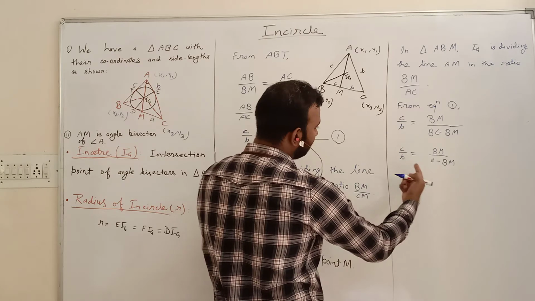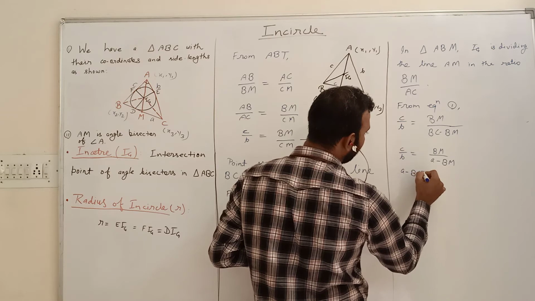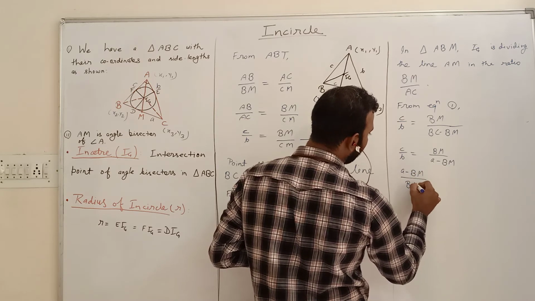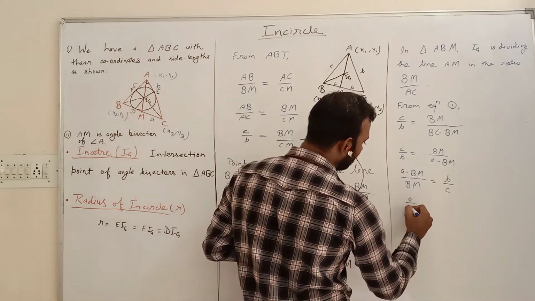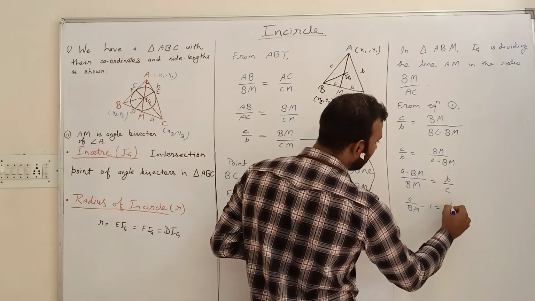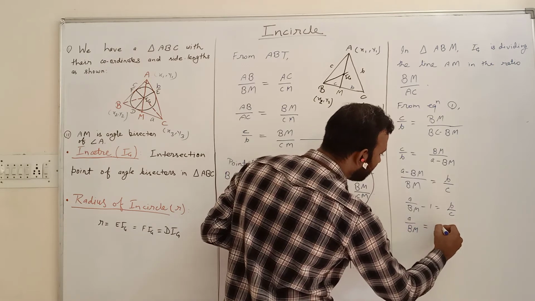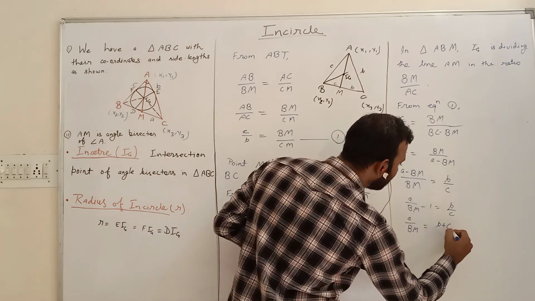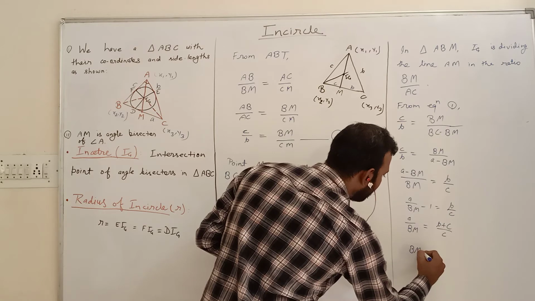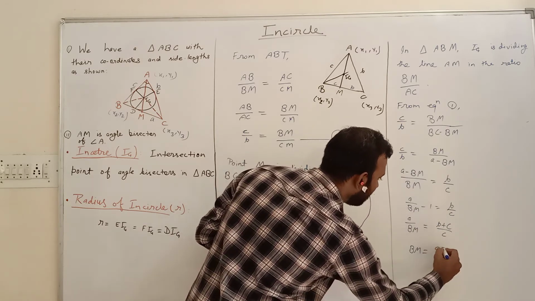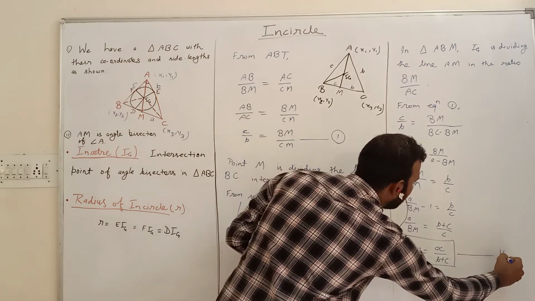If you simplify this, a minus BM upon BM equals B upon C. From here, a upon BM minus 1 equals B plus C. So a upon BM equals B plus C upon C. So we can write BM as AC upon B plus C. This is our equation number 2.